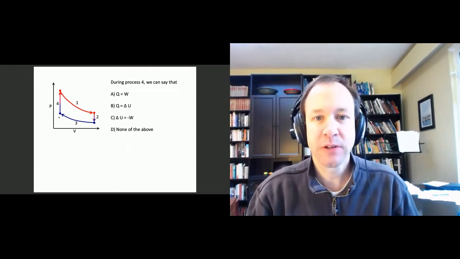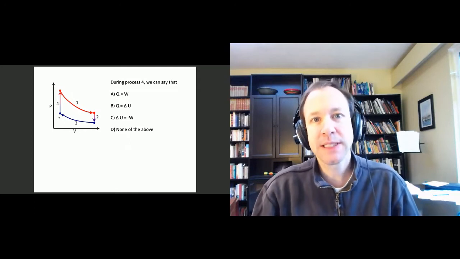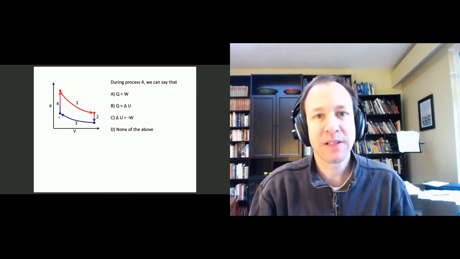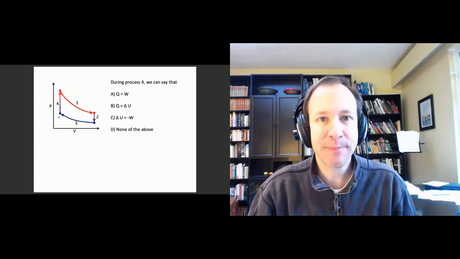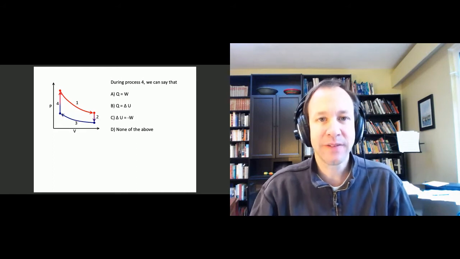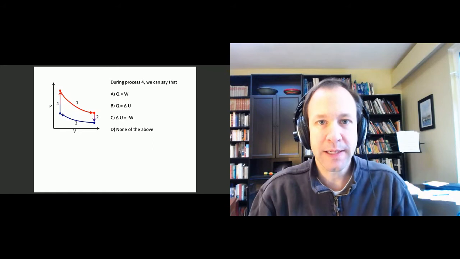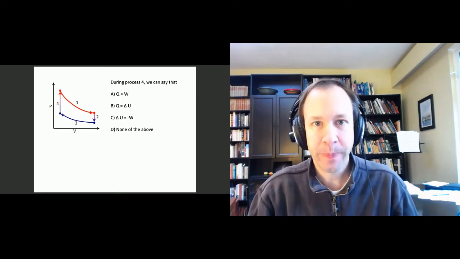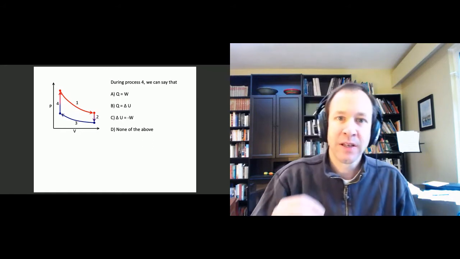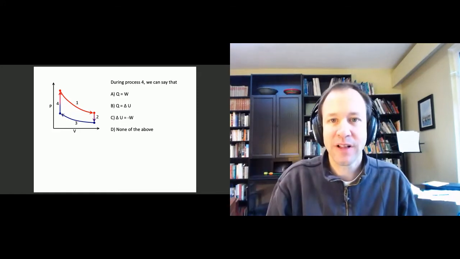Okay, so this one, it's really not too much that we have to do, except that realize we're talking about a constant volume process. And in a constant volume process, what we can say is that the work is always going to be 0. Okay, so the work is the pressure times the change in volume.